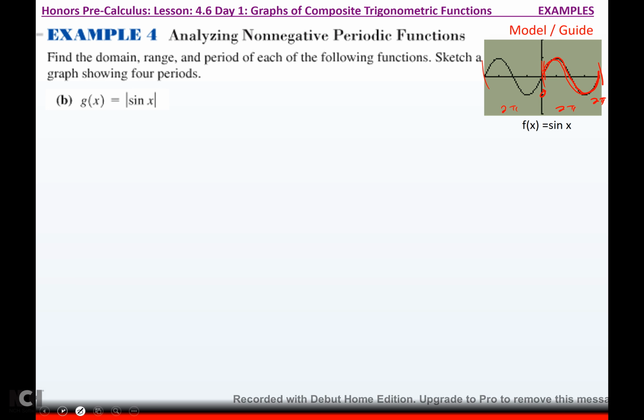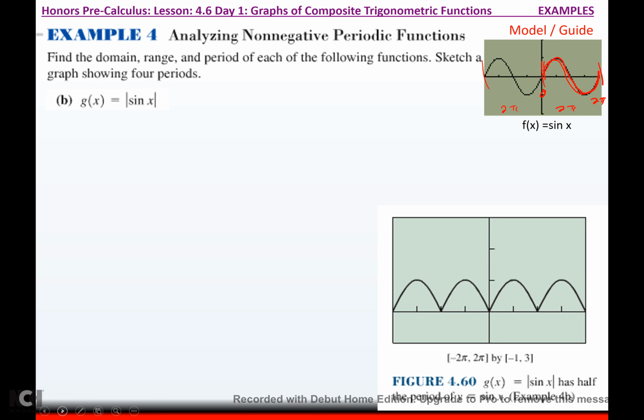The absolute value of sine x, if I graph that, moves all of this bottom stuff to the top. So this part moves up, this part moves up, and you end up with this hopscotch looking thing, or this jumping looking thing, okay?